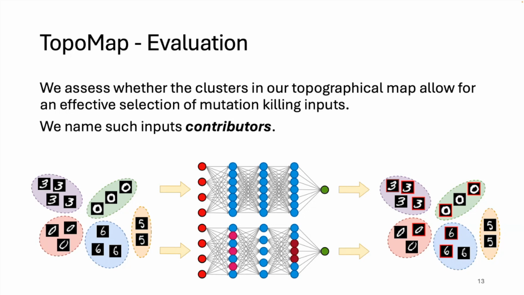In particular, from our mutation analysis, we want to target the inputs that are responsible for the killing of a mutant. So the inputs that are misclassified by the mutant but are correctly classified by the original deep learning system. We call those inputs contributors, and we are interested in maximizing the concentration of contributors in our selected regions.